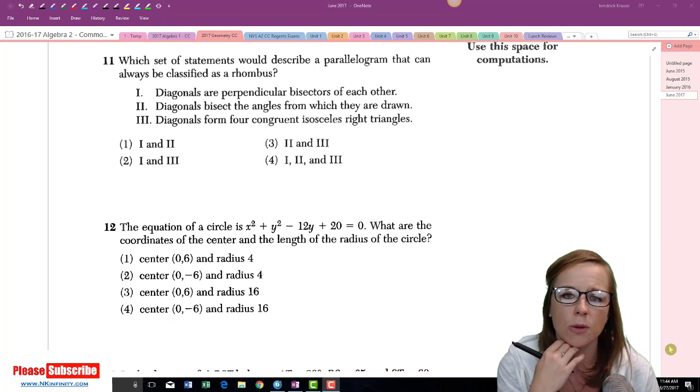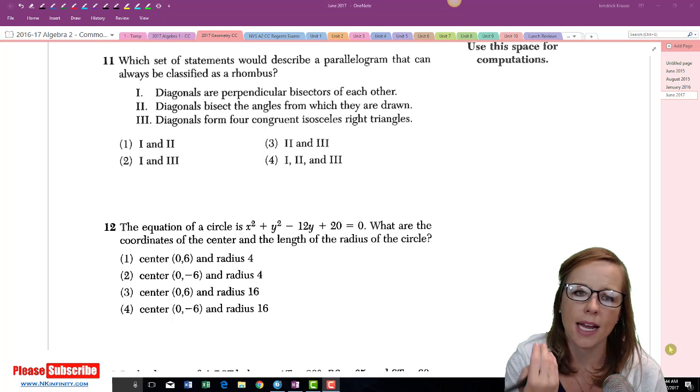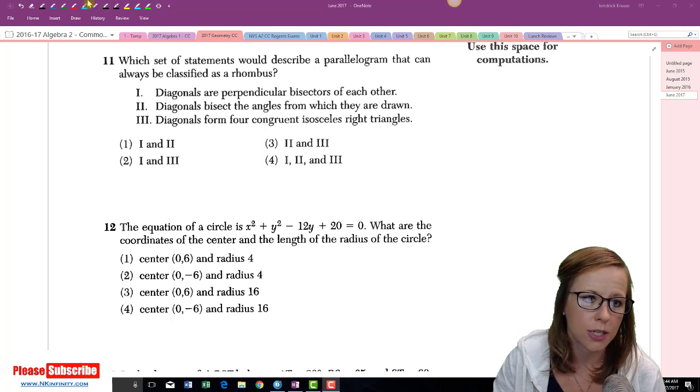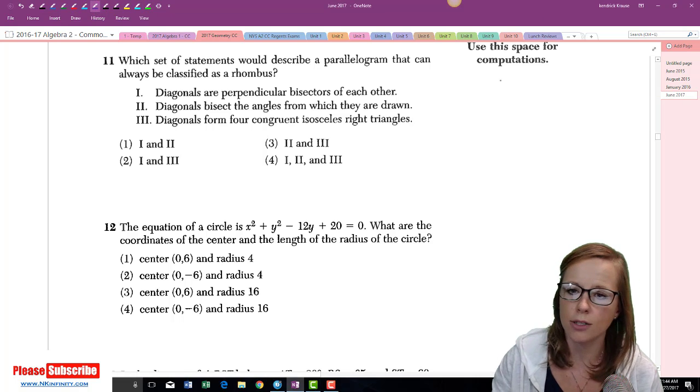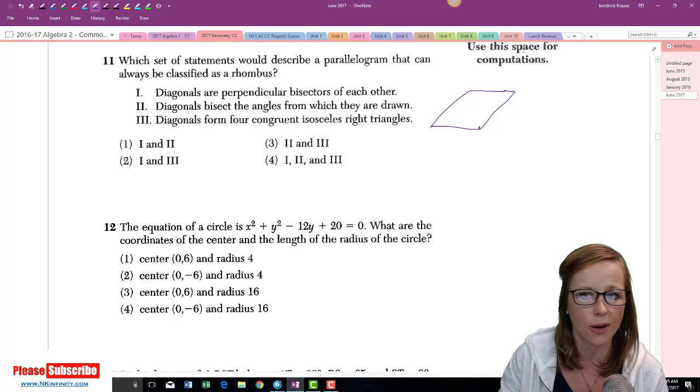Which set of statements would best describe a parallelogram that can be classified as a rhombus? So every one of you probably drew a picture of a rhombus because you were taught to draw a picture, to the best of your abilities, right? A lot of times our pictures, especially in multiple choice, are not great.